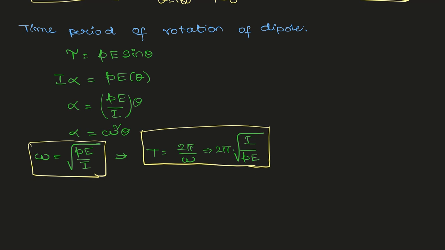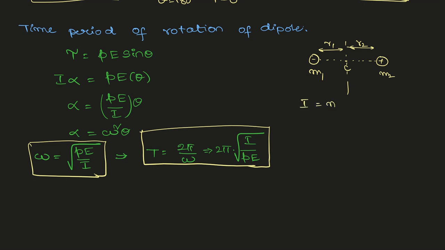So here you may get one doubt, how we get the moment of inertia. For that they will mention the mass of both the charges. If the center of mass is here, you can find R1, R2. Suppose M1 is the mass of the negative charge and M2 is the mass of the positive charge.